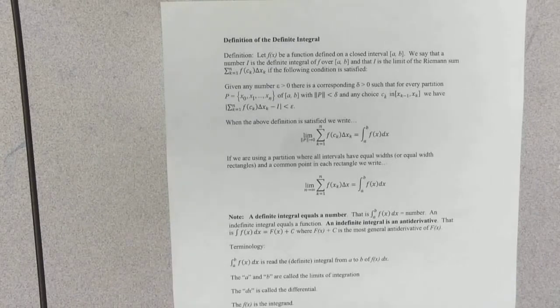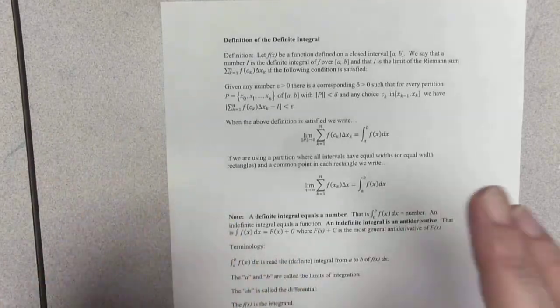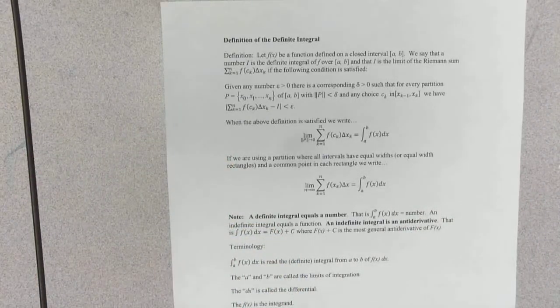And then because some of these could be below the x-axis, our overall result doesn't have to be positive. What the definite integral is, is the limit of a Riemann sum, where we have infinitely many rectangles.